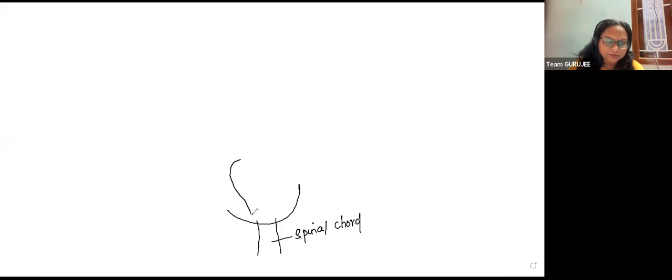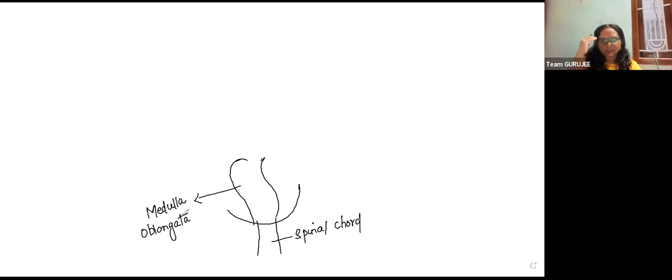Just drawing one rough picture. I'm just giving you a rough picture of how the parts are situated. It doesn't look exactly like this. So first it is the spinal cord, on top of it the medulla oblongata.